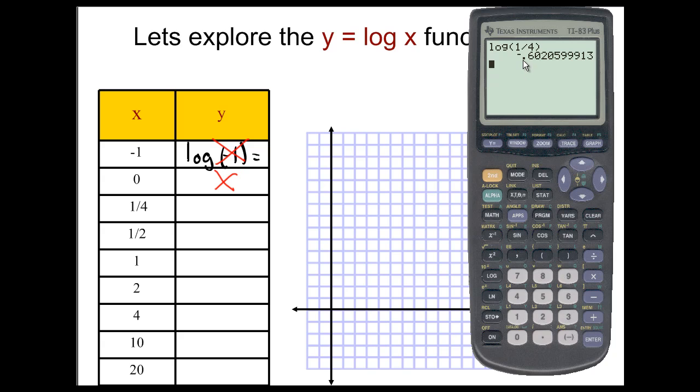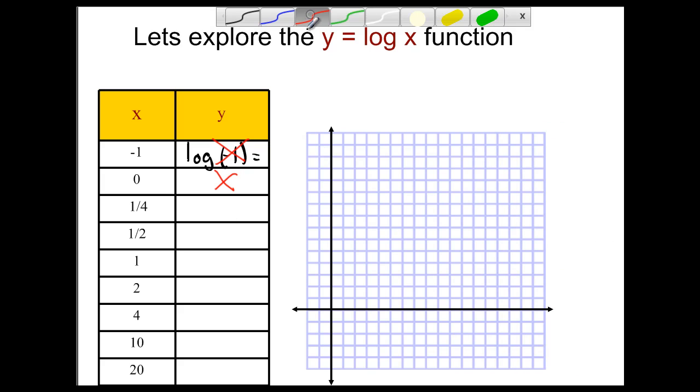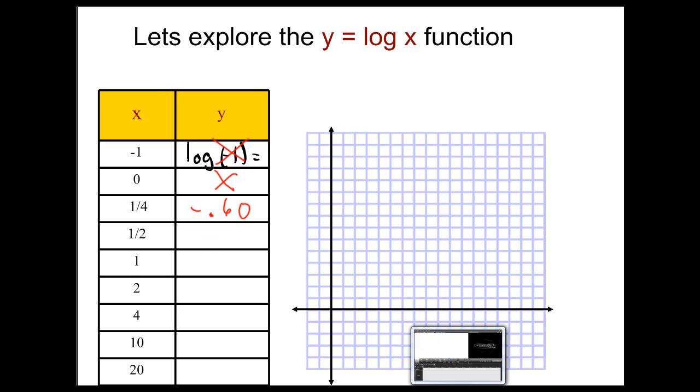We hit enter and we get our first value. There it is. Let's put it to 2 decimal places: -.60. And I'll just fill in the rest of this table, and then we'll take a look at what our values are. If you want to pause the video at this point, feel free to do that.